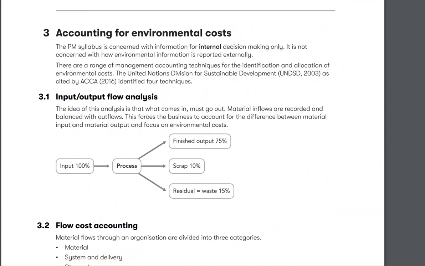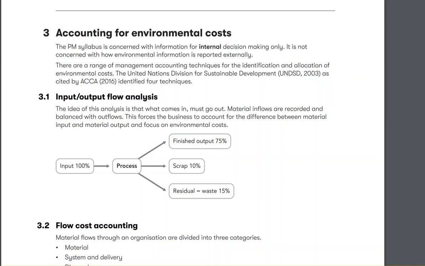Okay, next, there are different ways of accounting for environmental costs. One is input-output flow accounting. So in input-output flow accounting, what we say is we will look at the inputs that go into the system, and then they are processed.